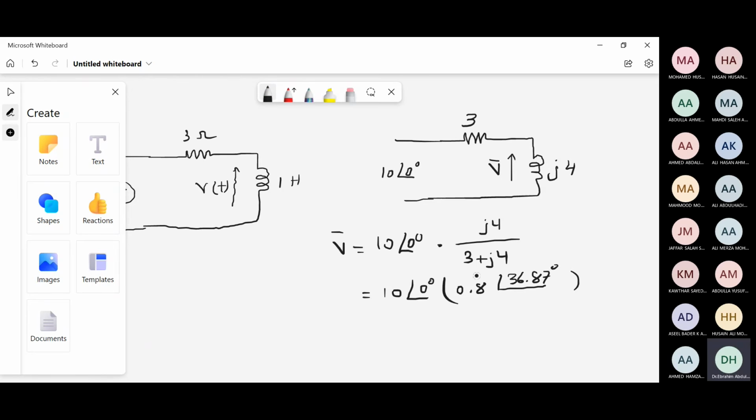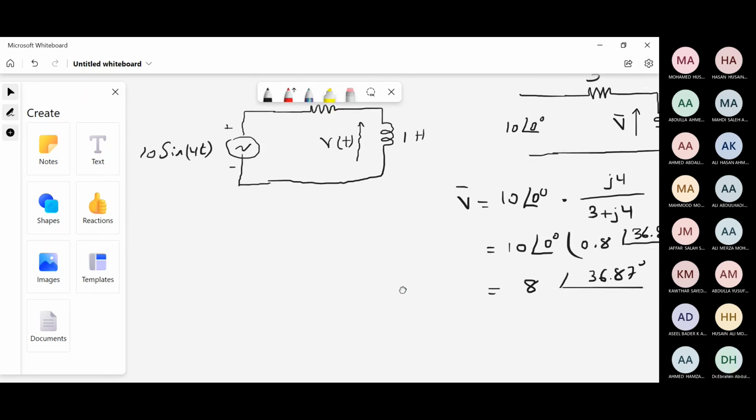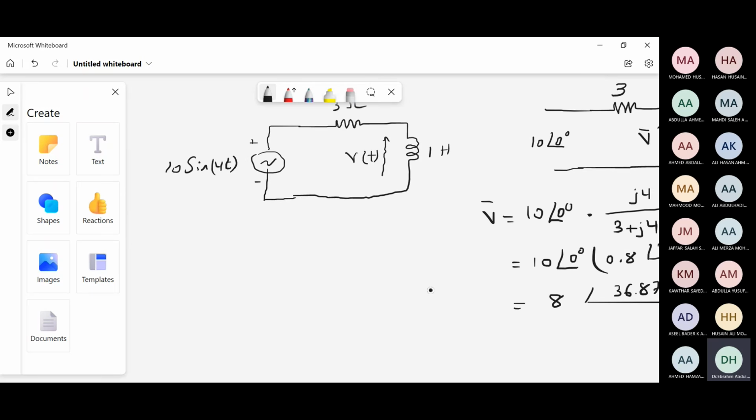So now the voltage here is equal to 10 multiplied by 0.8, which is 8, angle 36.87. So now, what is V of t? V of t equal to magnitude is 8.